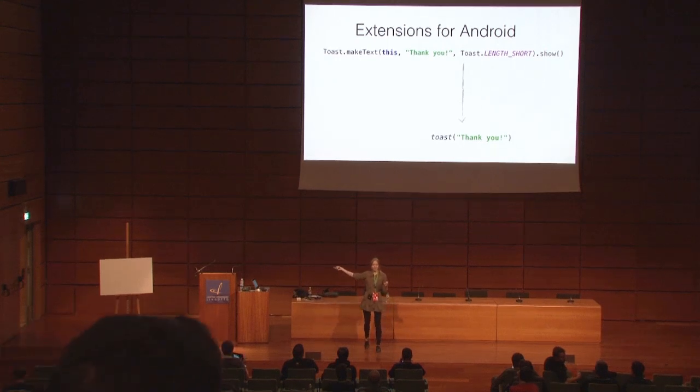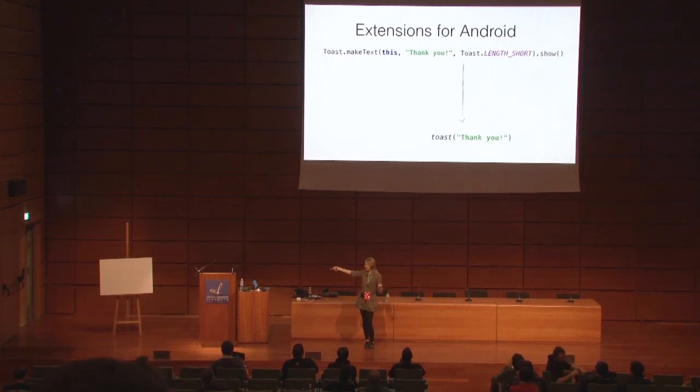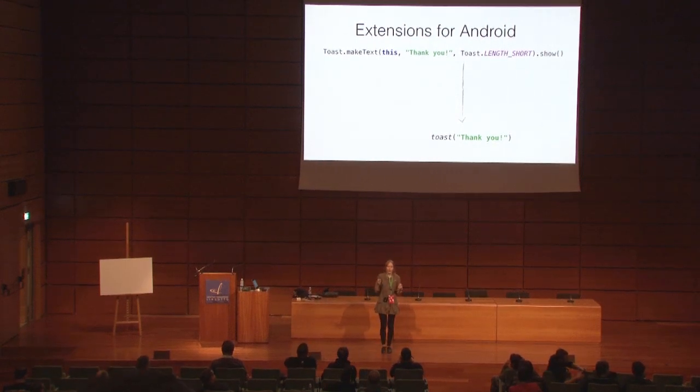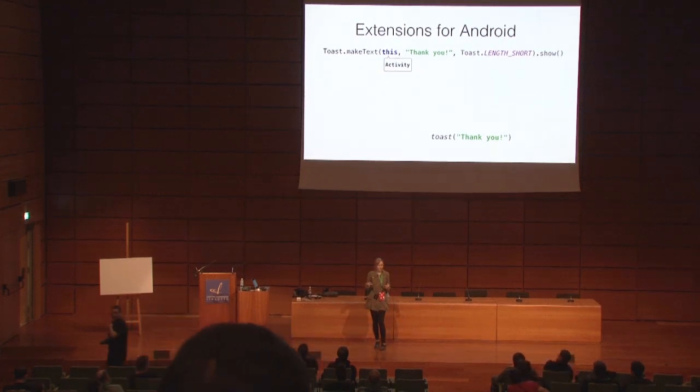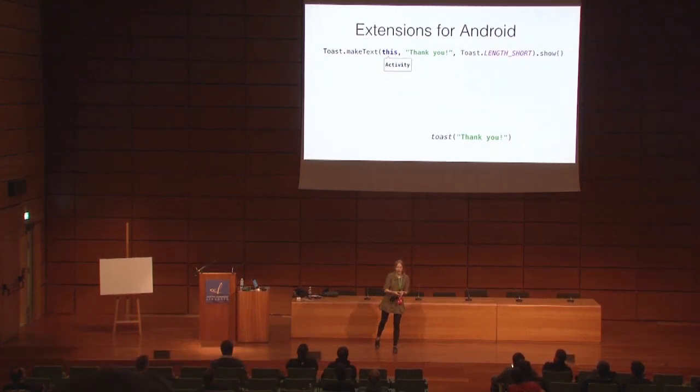You can just call the function toast and provide an argument, a string that you want to show. Why is it possible to declare such a function? Because you see, this, in the example above, is an activity. And in Kotlin, we can omit this if we call an extension function on it.